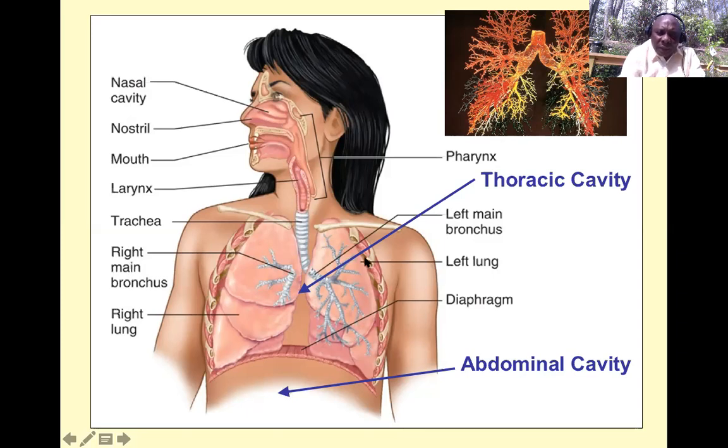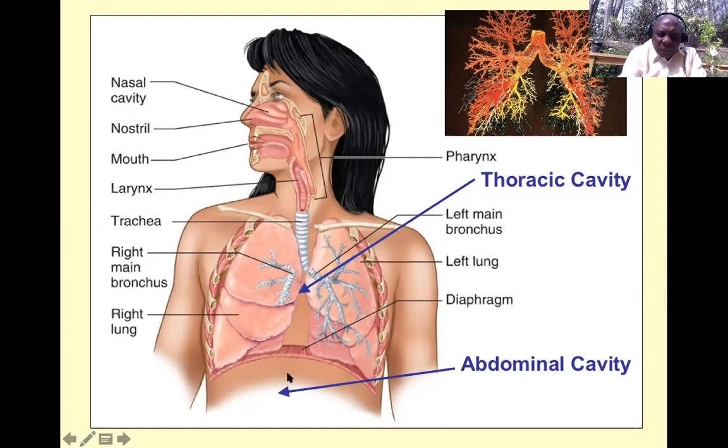And then around the lungs, you have the ribs, and between the ribs, you have muscles that we'll talk about soon. And then in the center, between the two lungs, you have the heart. And then you have the demarcation of the thoracic cavity. So that's the thoracic cavity.